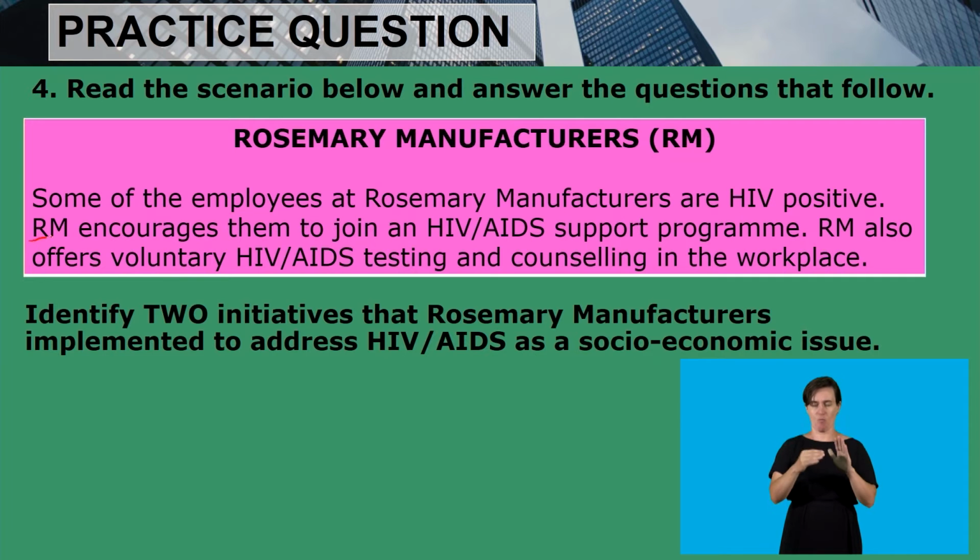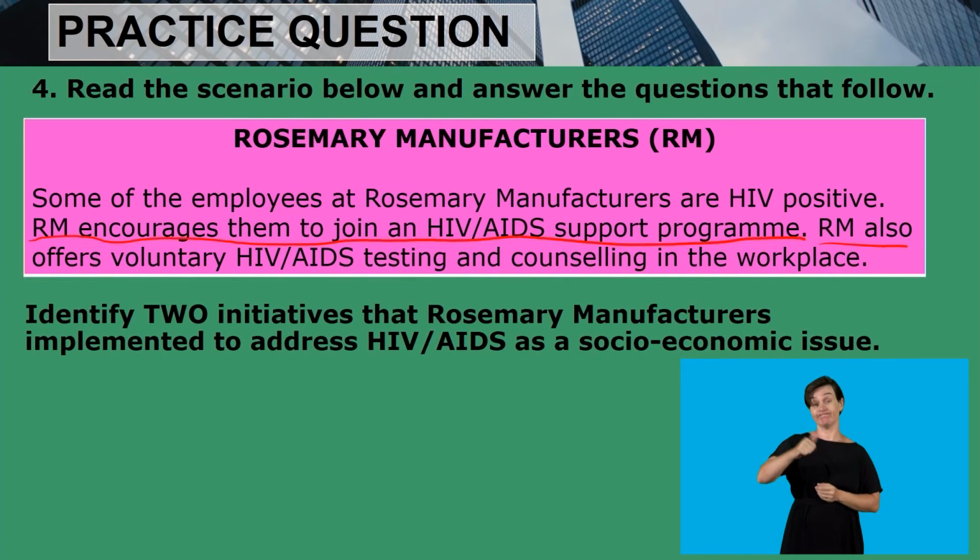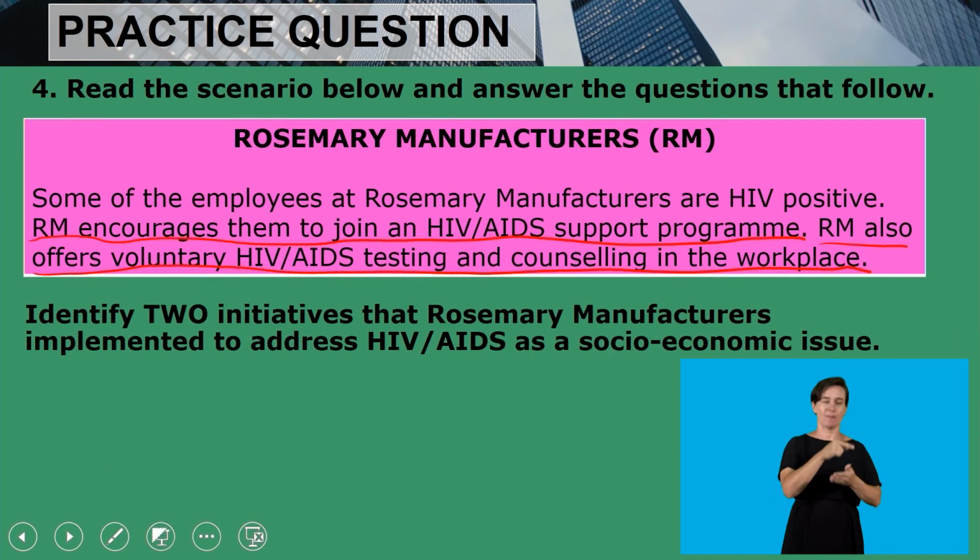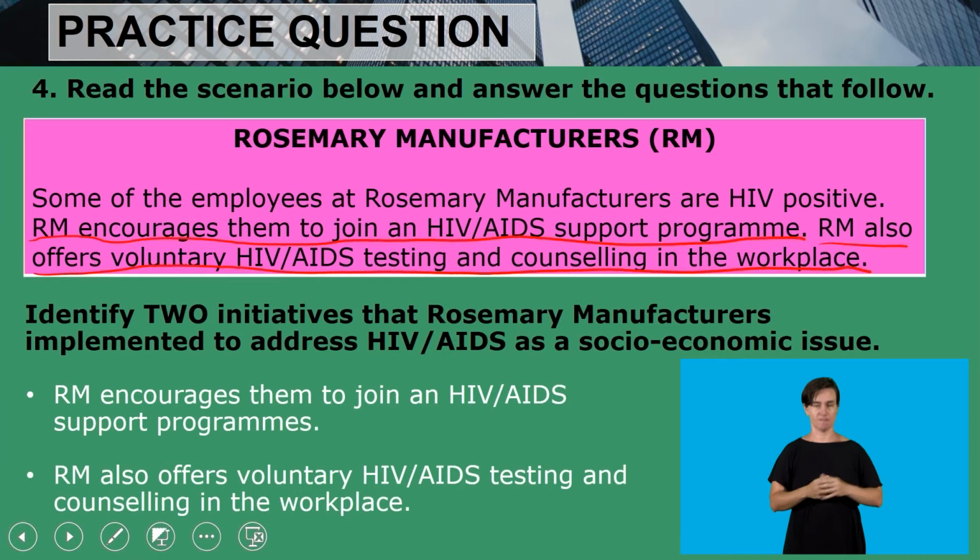So you would quote this sentence from the beginning up until the end because she encourages the employees to join the support programs. Then the other one would be, RM also offers voluntary HIV or AIDS testing and counseling in the workplace, as part of the initiatives to try and address HIV or AIDS.